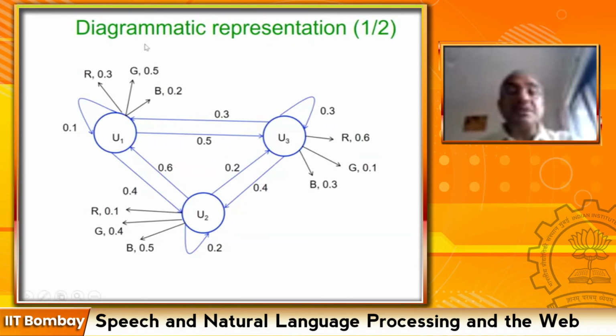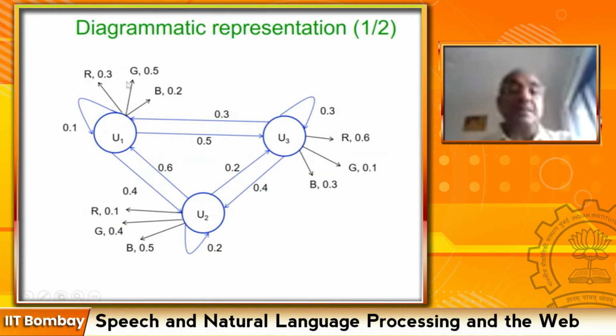So this can be represented diagrammatically. That means the hidden Markov model itself can be represented diagrammatically with 3 nodes, U1, U2 and U3, and from each node 3 arrows, 3 black arrows marked as R, G and B. So from U1 we see R, G and B arrows coming out with 0.3, 0.5 and 0.2.